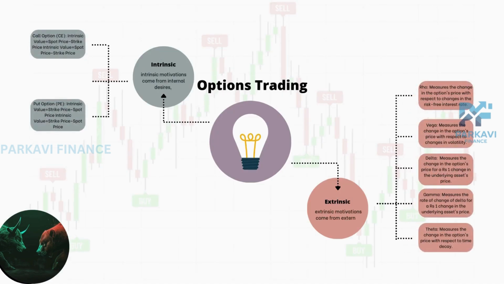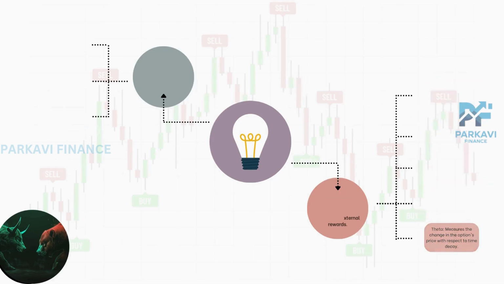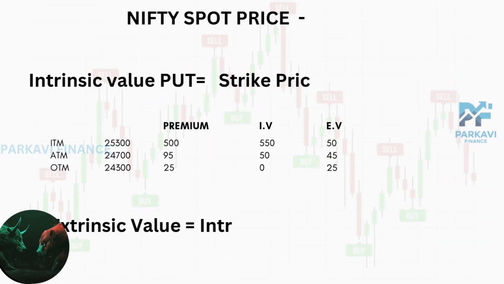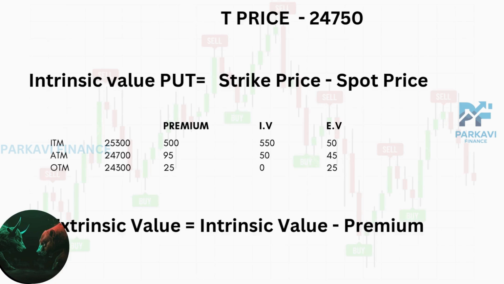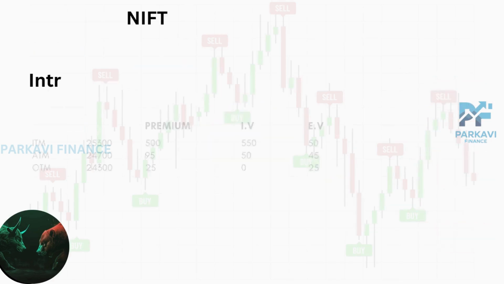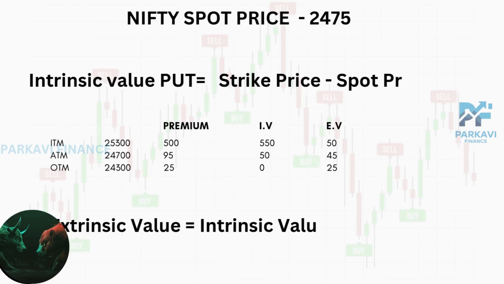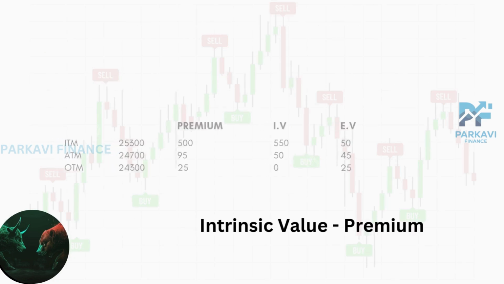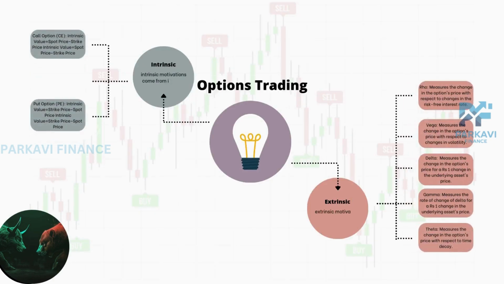Second, put option. Intrinsic value equals strike price minus spot price. As we know, for the in the money put option the strike is 25,300 and the Nifty spot price is 24,750.